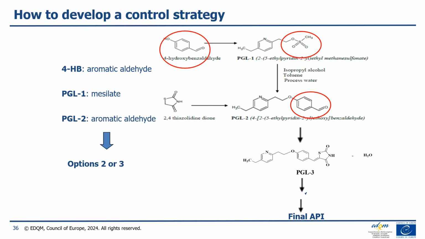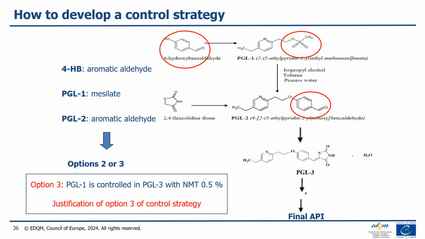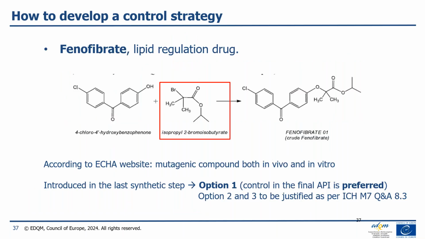In this case, we would expect a control in line with option 2 or 3, knowing that when we have controls in line with option 3, in general we expect to see justifications through spike purge studies. So an option 3 control would be something like controlling the PGL1 impurity in the following intermediates with a limit which is much higher than the TTC-based limit.